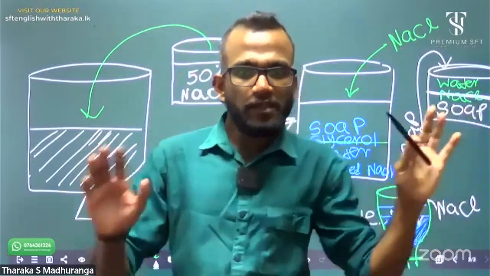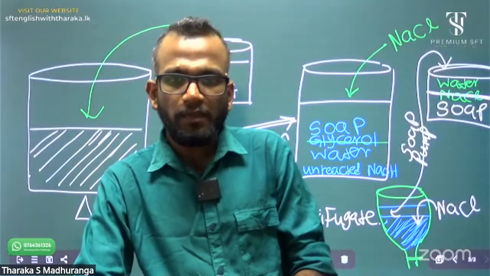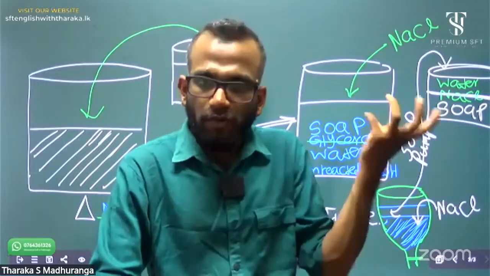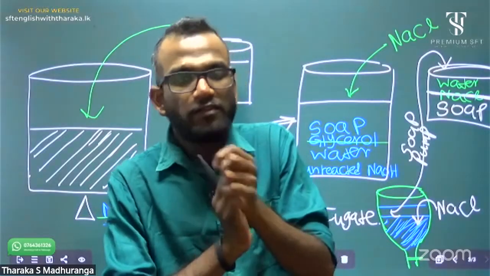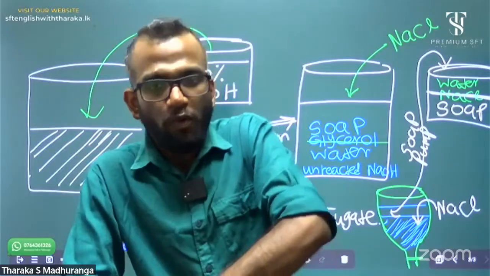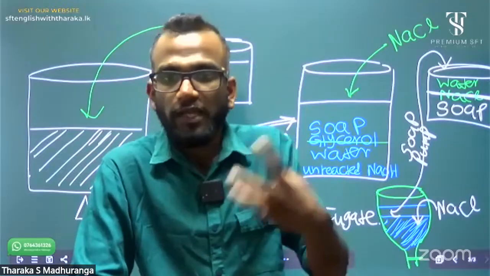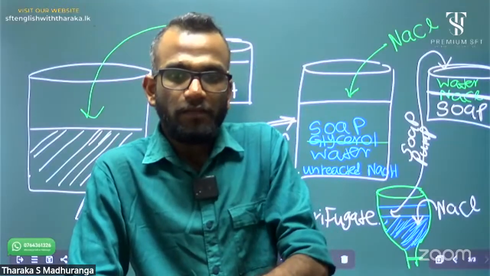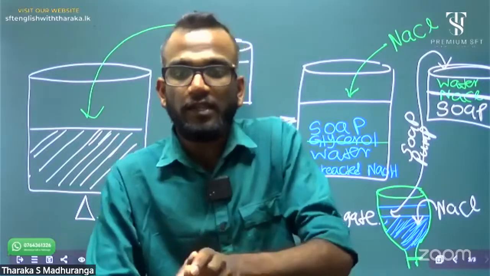Now 90% of production is completed. Hari, Fatima, the unreacted sodium chloride is toxic to our skin. That's why you can prepare a soap in your home, but you can't use it, because you can't neutralize. If you don't neutralize, it is very toxic to our skin.